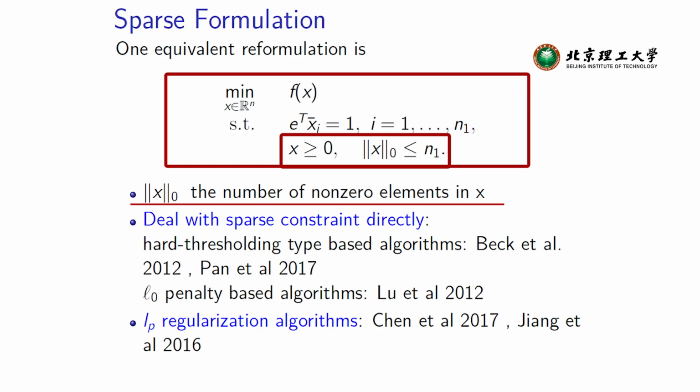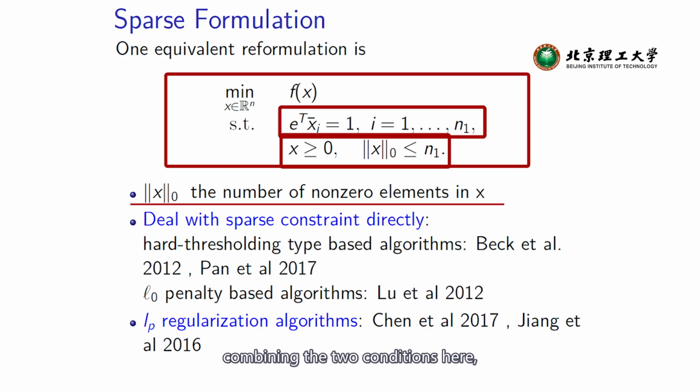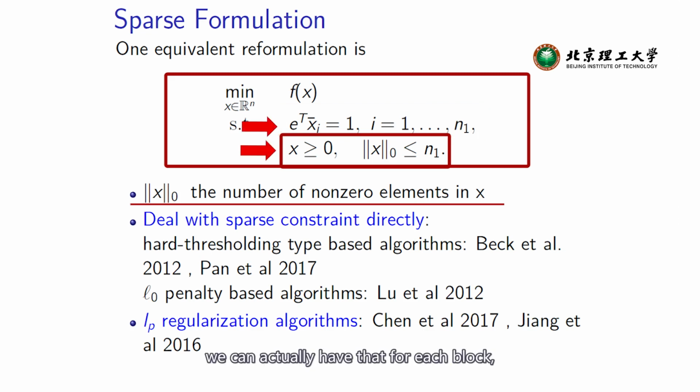Recall that we also have the constraint that the sum of each block is 1. Therefore, combining the two conditions, for each block there can only be one non-zero element, which is 1, and the rest of the components in this block will always be 0. So this is a sparse constraint formulation.